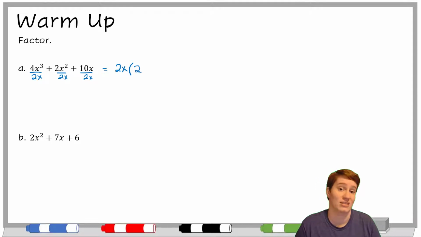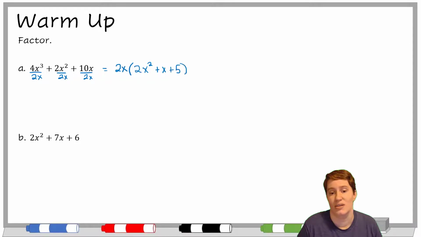X cubed over x cancels out an x and leaves us with x squared. And then we keep going. 2x squared over 2x, the 2's cancel, an x cancels, and it leaves us with 1x, or just x. And then 10x divided by 2x, the x's cancel out since they're both just regular x's, and then 10 divided by 2 is 5. So this is our answer.